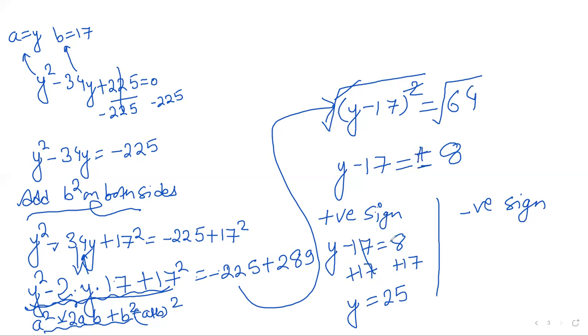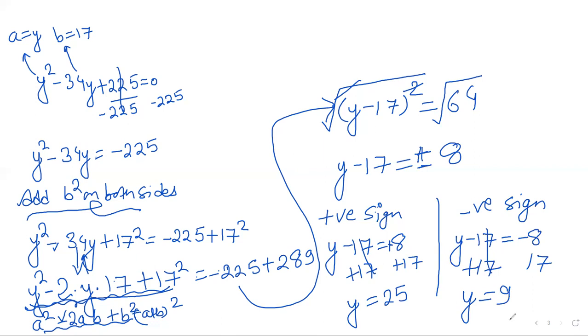So here we took positive 8. Now in another case, we are going to take negative 8. So if I add 17 on both sides, I'll end up with y is equal to 17 minus 8. Let me do it correctly this time. It should be 9. So we get two values.